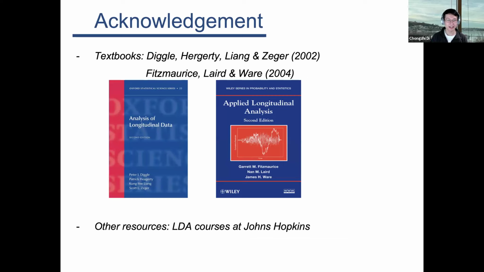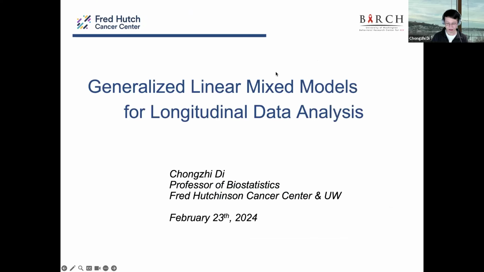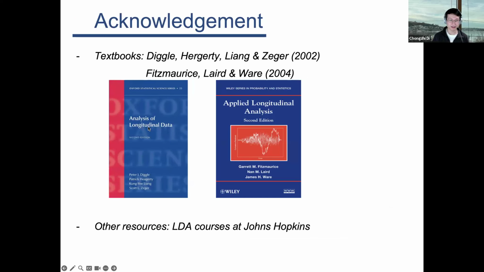One is from Diggle, Heagerty, Liang, and Zeger, 2002. It's called Analysis of Longitudinal Data, published by Oxford. And the second one is called Applied Longitudinal Analysis by Fitzmaurice, Laird, and Ware, published in 2004. Most of the data examples are from these two books. They are publicly available.